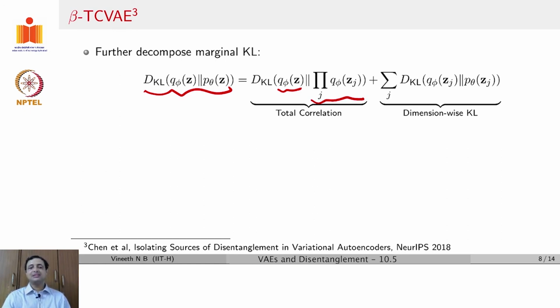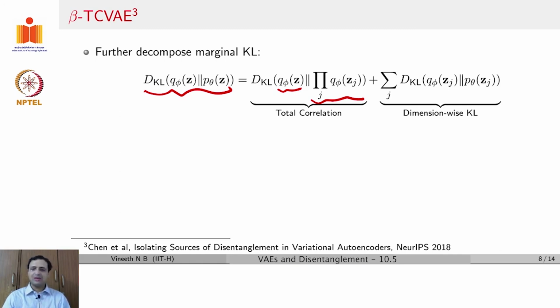This term is known as total correlation. Total correlation, although the name is a misnomer, is a concept from information theory which is a generalization of mutual information to multiple random variables.